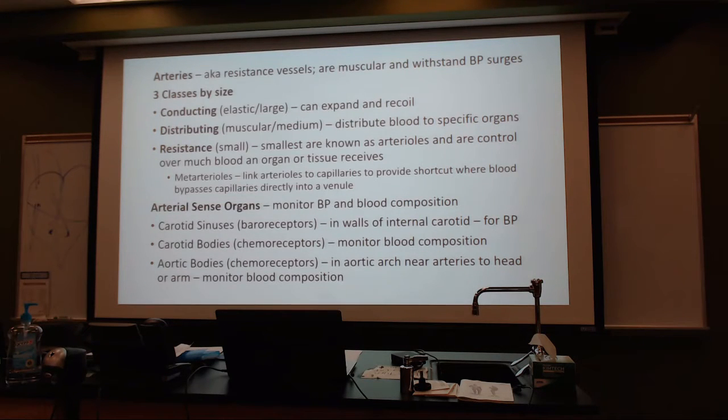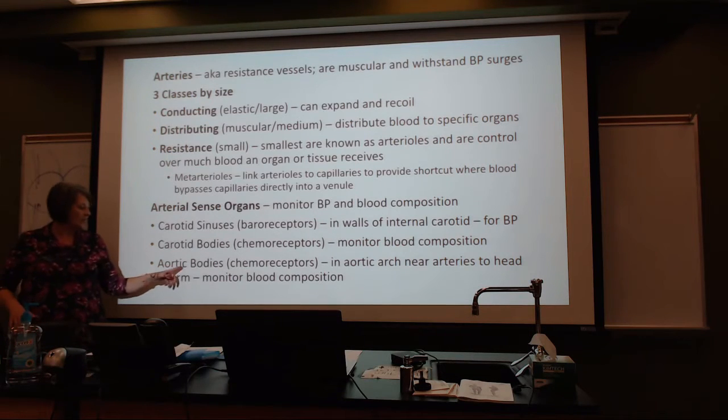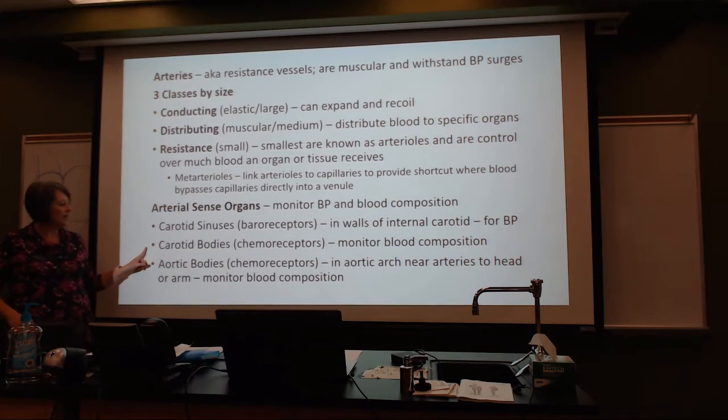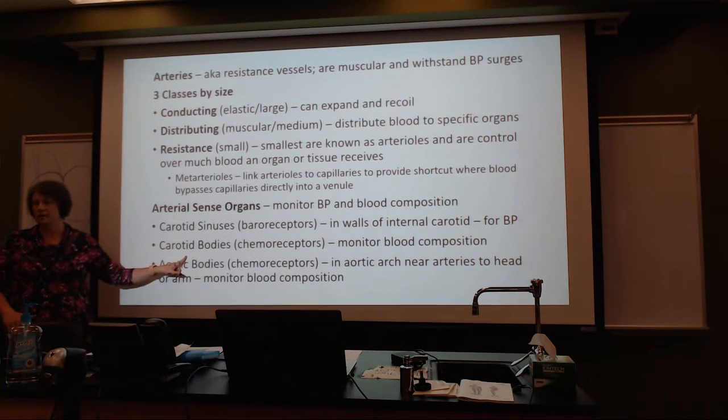As mentioned, we have baroreceptors and chemoreceptors in the arteries, because that's what arterial means. This is where those receptors are found. The receptors are found in an aortic body and in my carotids.